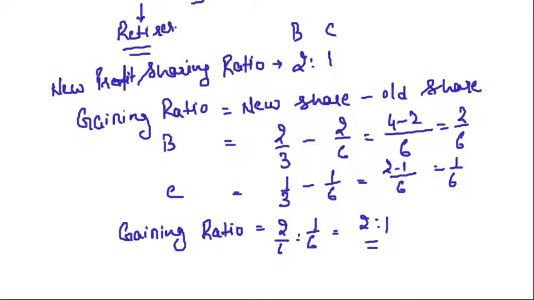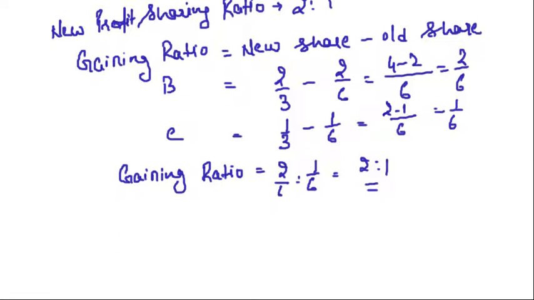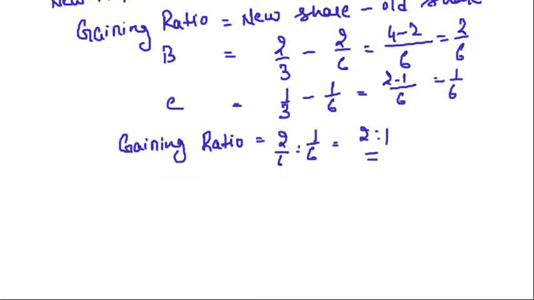Now can you interpret something from here? Yes sir. In case we are not given the new profit sharing ratio, then the gaining ratio will always be equal to the old ratio of the remaining partners, similar to what we did in the new profit sharing ratio. Make a note here.